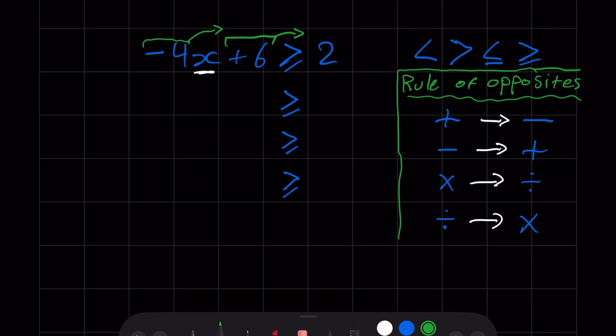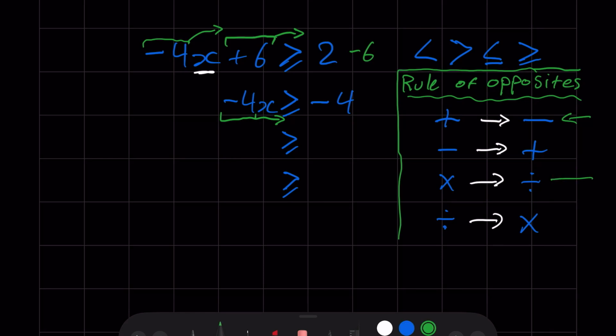When we move the positive 6 over, the opposite of positive is negative. So it becomes a negative 6 over here. So we write negative 4x is greater than or equal to 2 minus 6. Well, 2 minus 6 is negative 4. Now we want to move this negative 4 over. This negative 4, yes, it is a negative, but the operation it's doing with that x is multiplication.